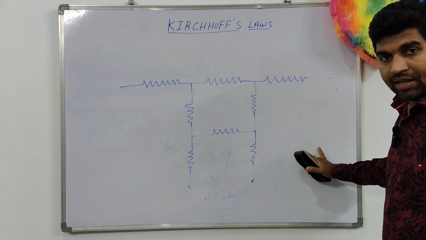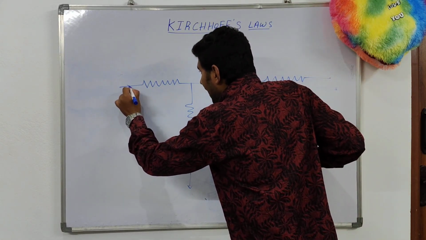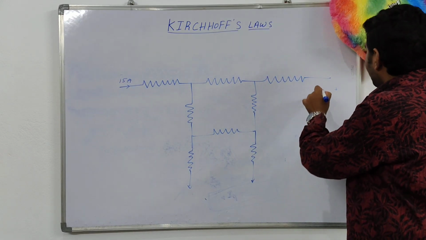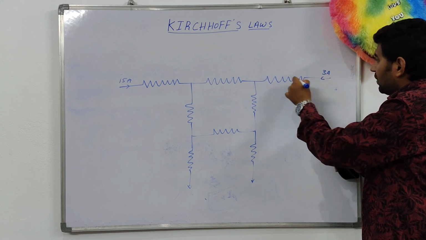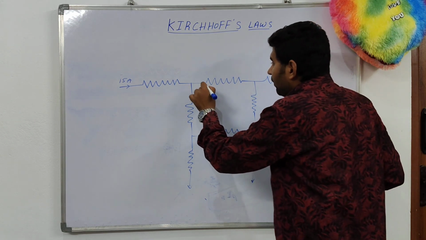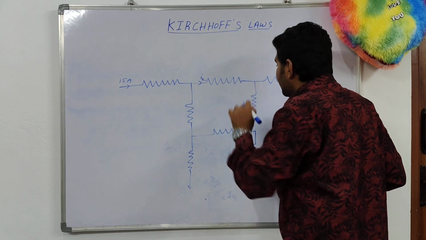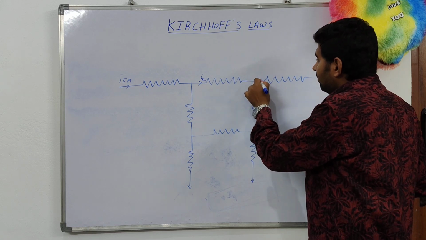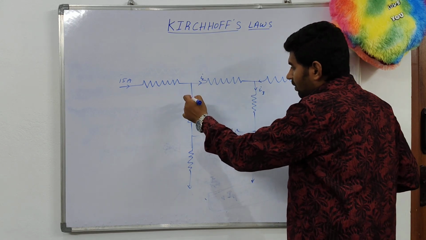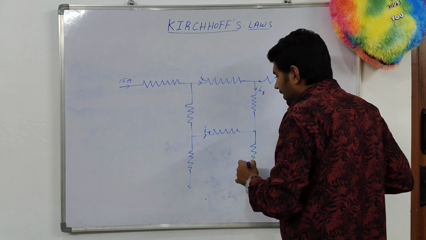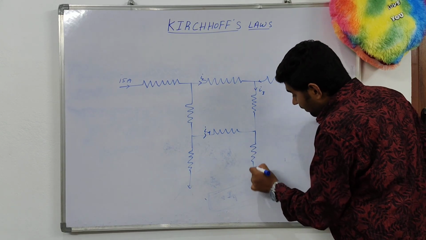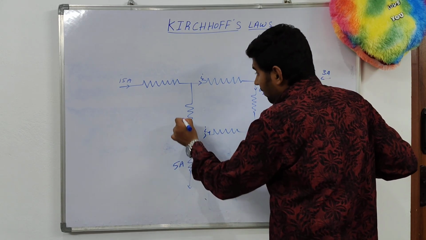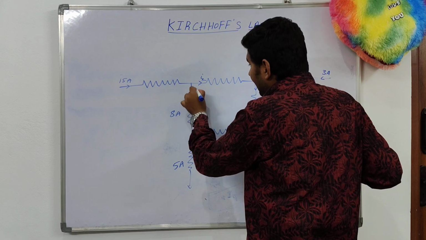Let us consider one example circuit. Here, 15 amperes current is passing through this resistor, and on the other side, 3 amperes current is passing through this resistor, and here let us assume I2 current passing through this resistor and I3 current passing through this resistor, and from here I4 current passing through this resistor, and here I1 current passing through this resistor, and here current is equal to 5 amperes, here current is equal to 8 amperes.